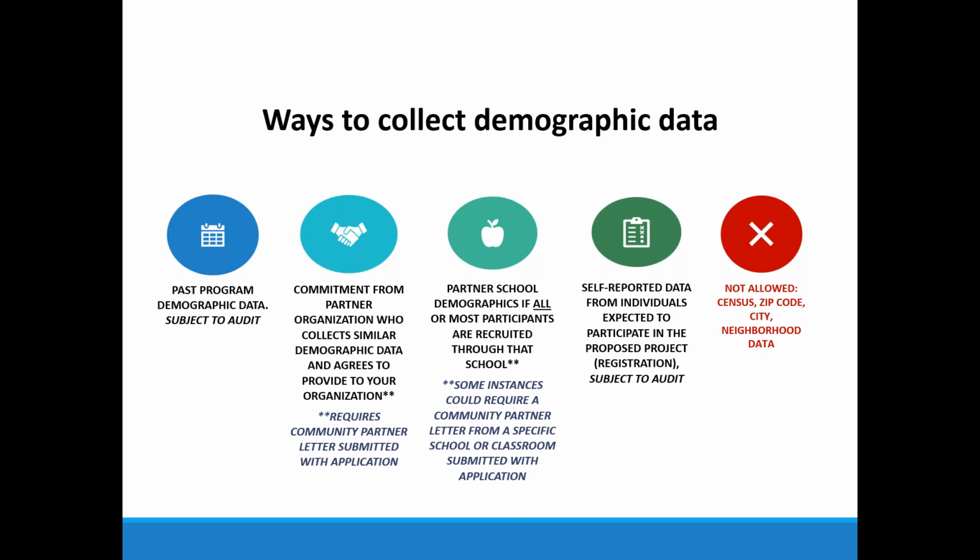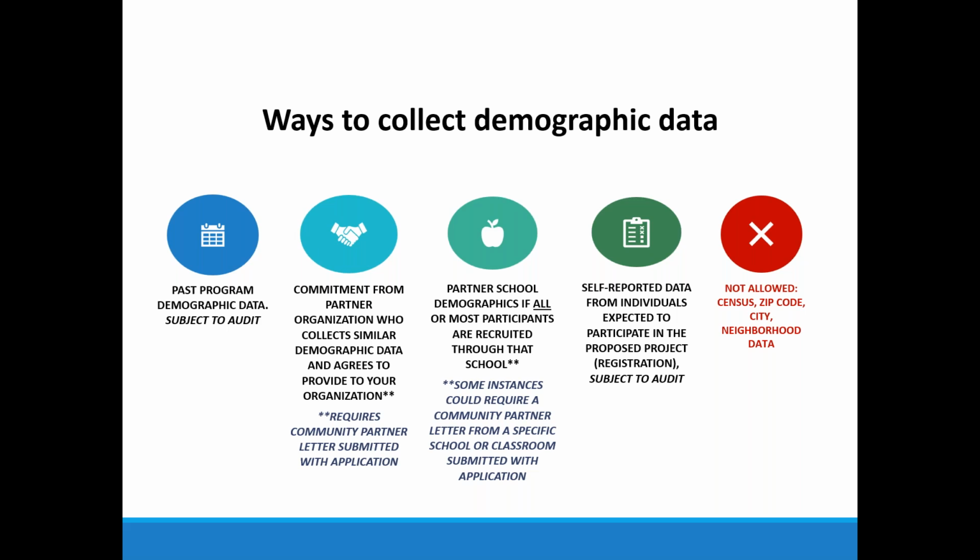Now, a lot of our grant programs partner with schools. You can use school demographics, but there are some specific rules here to follow. I know many people go online, they find all of the demographic data for an entire school district, so the entire Austin ISD, and they use that demographic data, but in reality, they maybe are only serving 75 students.